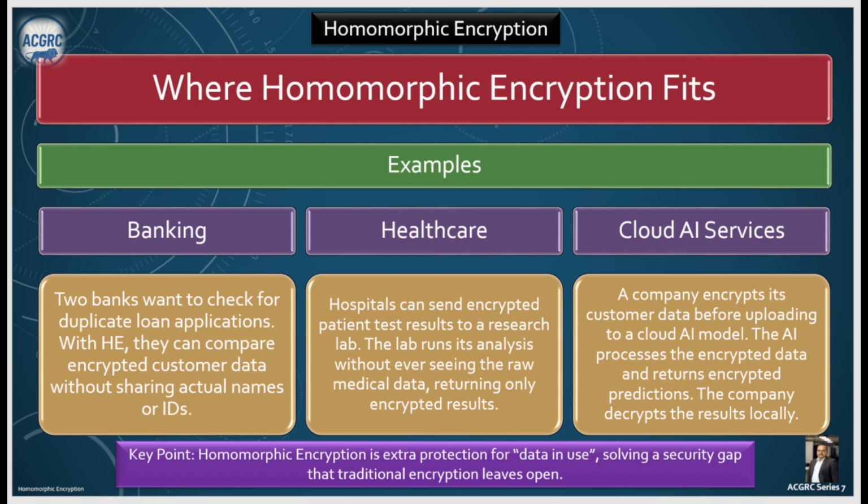No one else knows what really was in the original content. So, homomorphic encryption is an extra protection for data in use, solving a security gap that traditional encryption leaves open.